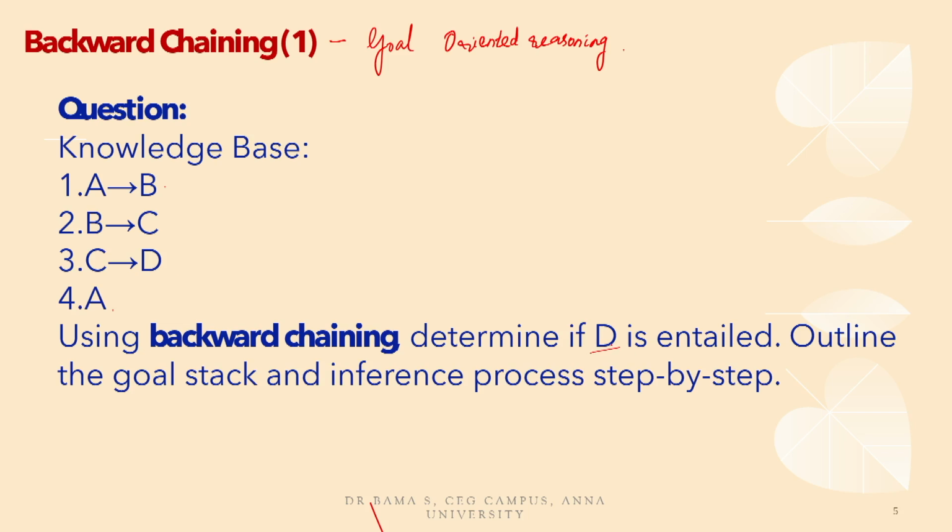If we take D, we want actually D, and to get D we want C, and to have C we want B, and to have B we want A, and this A already exists in the knowledge base.